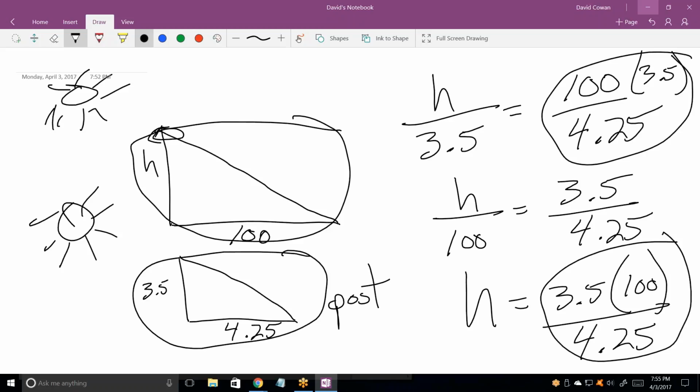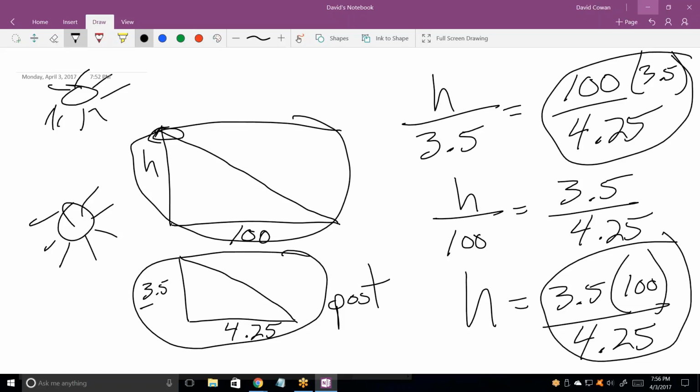So when you have similar triangles, the most important thing to remember is that corresponding sides have similar ratios. In other words, h is to 3.5 as 100 is to 4.25. But also, within this triangle, this ratio, h is to 100, is the same as 3.5 is to 4.25.